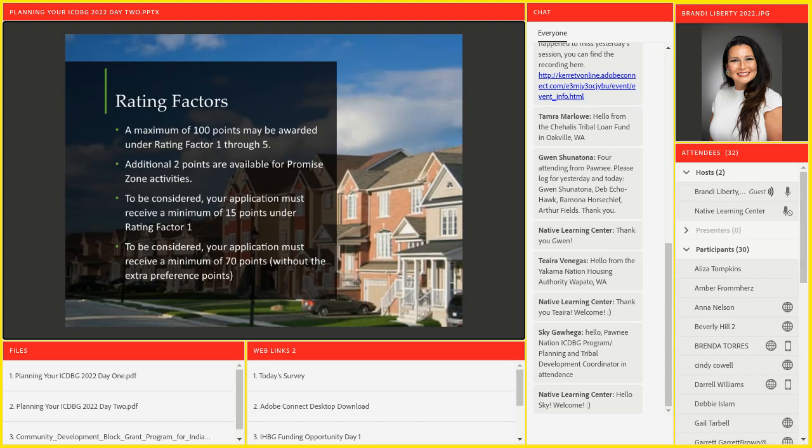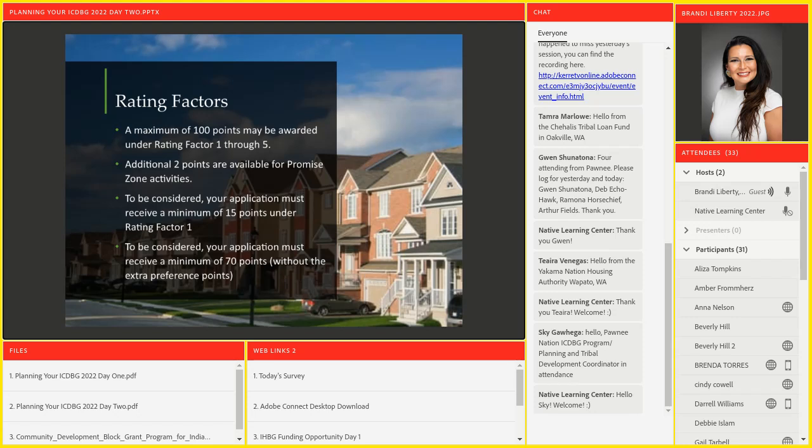Just another refresher from yesterday, as far as the rating factors go, a maximum of 100 points may be awarded under rating factors 1 through 5, with an additional 2 points available for Promise Zone activities. Note that they did remove Opportunity Zones as a preference point option in this fiscal year's program.